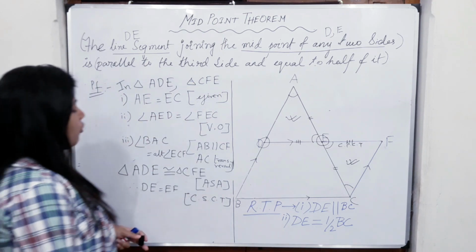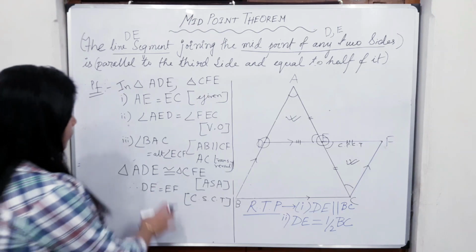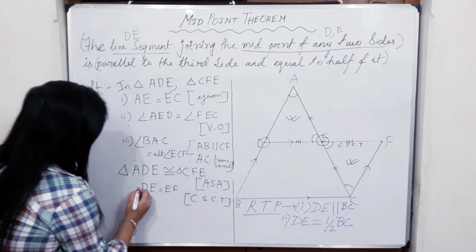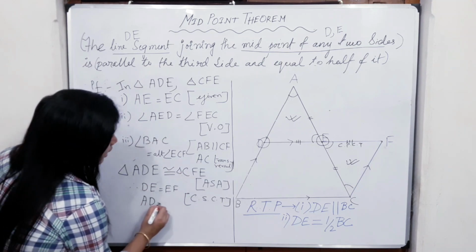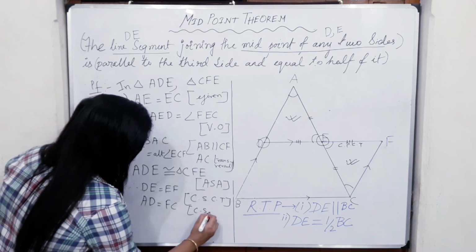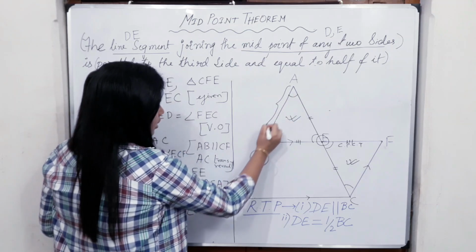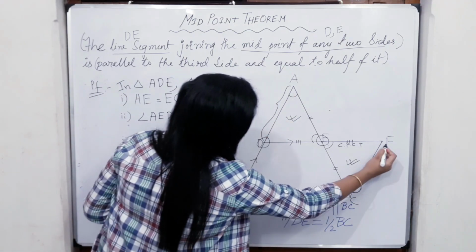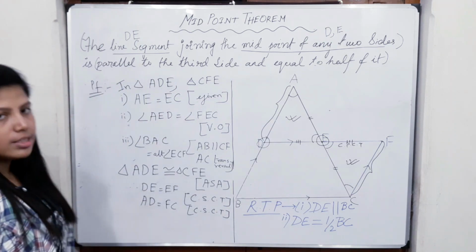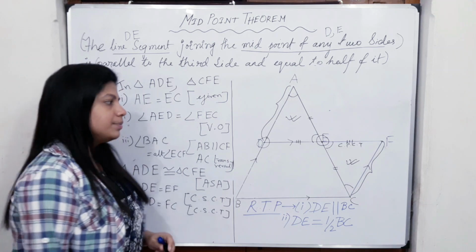I think it's better if we mention corresponding sides here. DE equals EF, this one is done. Next, also we can say that AD equals FC. The reason will be the same, CPCT. This length AD equals FC, because they are also corresponding sides of these two congruent triangles.